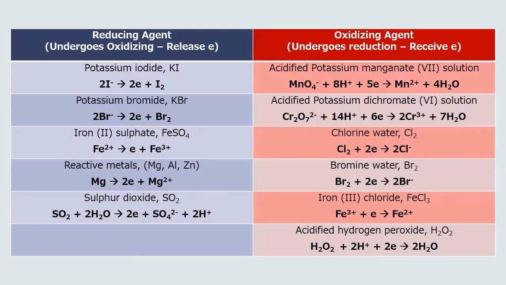Now, how do we know which substances are able to become a reducing agent or an oxidizing agent? We have learned before the three examples or applications of redox reactions. We have seen that metal atoms have a higher ability to release electrons.